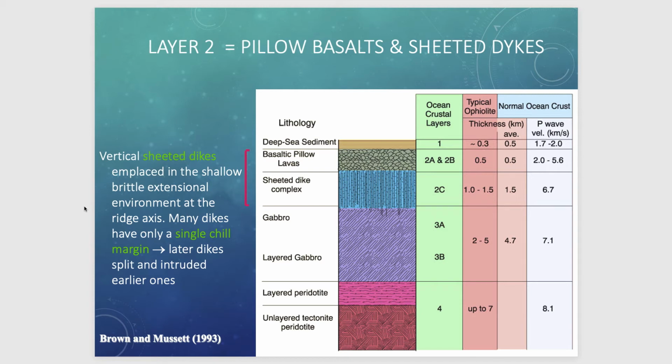Many dikes have the characteristic of showing only a single chilled margin. Instead, later dikes will split and intrude the earlier dikes.